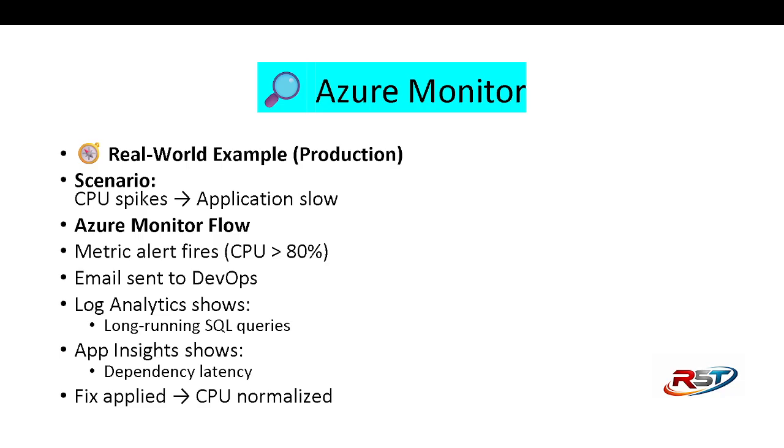After it shows this and triggers the alert, we apply the fix, right? Then CPU will normalize. Suppose CPU is consuming more because one long-running query is consuming more CPU. We check whether it is required or not. We clear it, and that is the fix. Once it is fixed, CPU will be normalized again.